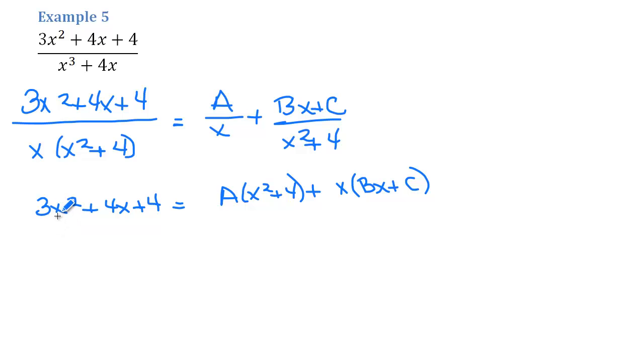For the simple fact that when we have a quadratic equal to a quadratic, the leading coefficient will have to be equal to the coefficient of the x squared over here. The 4 that's being taken times the x will have to be equal to whatever's taken times the x on the other side, and likewise the constants will have to be the same.